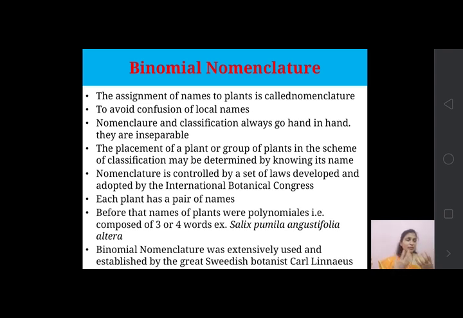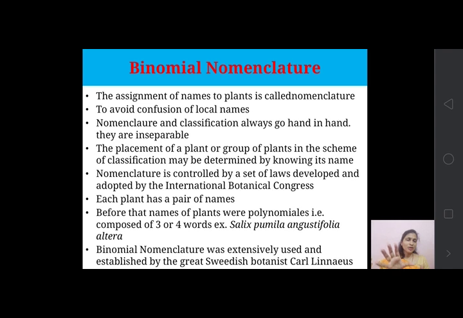The rules and principles to be followed are all discussed and sanctioned in the meeting, so nomenclature is controlled by the set of laws developed there.